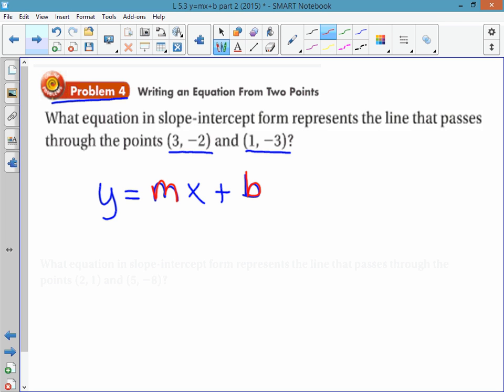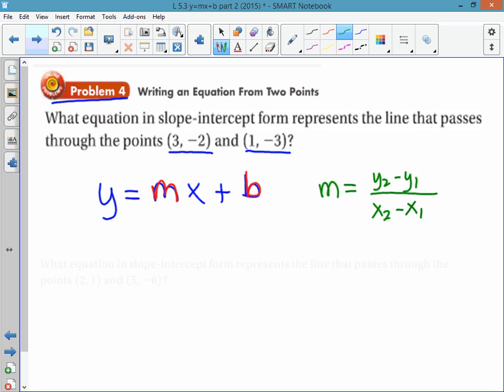But all you're given are 2 points. You have to actually figure out what the slope is and what the y-intercept is just by these 2 points that are given. So you also learned in a previous lesson how to calculate the slope using the formula y2 minus y1 over x2 minus x1.